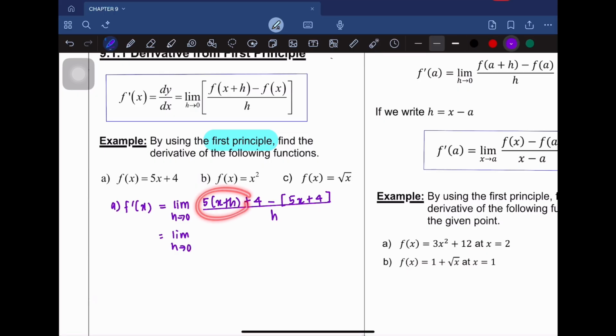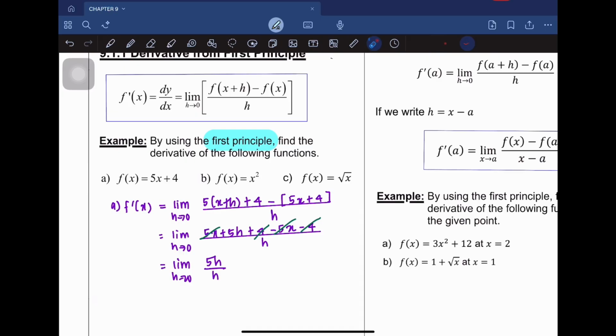So this one saya expand jadi 5x + 5h + 4 - 5x - 4. Saya buka bracket tu. Okay, so now kita nampak 5x ni hilang, 4 pun hilang. So yang tinggal adalah limit h approaching 0, 5h over h.